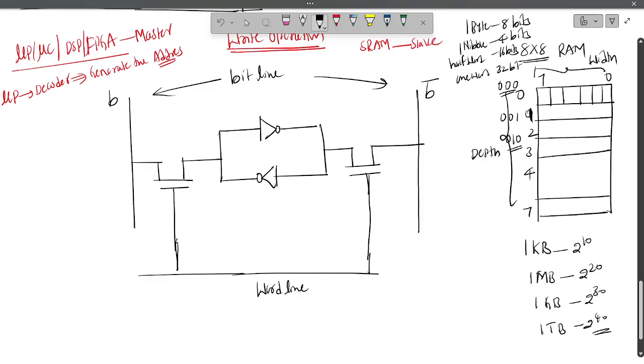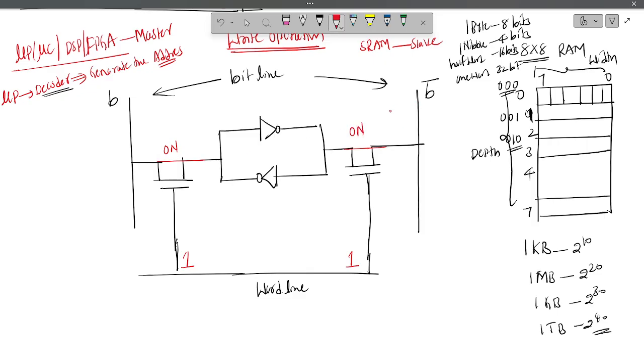That address is generated by the decoder circuit. When the address is generated, it will activate the word line, so the word line becomes one. When the word line becomes one, both transistors will be on.